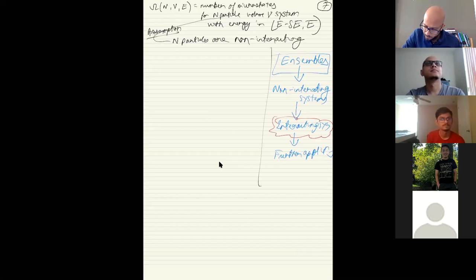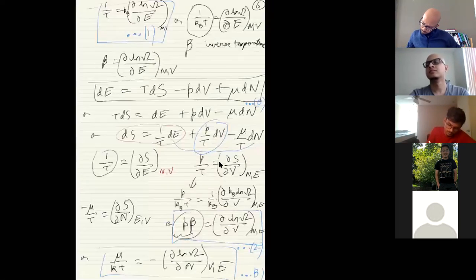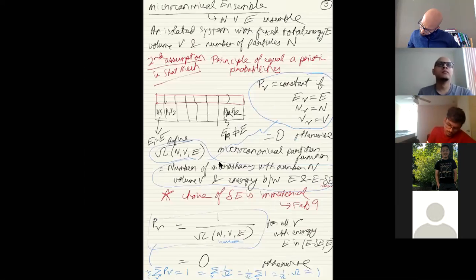To calculate omega, remind yourself that we are really thinking about particles in phase space. So you can think of it as R1, R2, up to R3n, P1, P2, up to P3n.